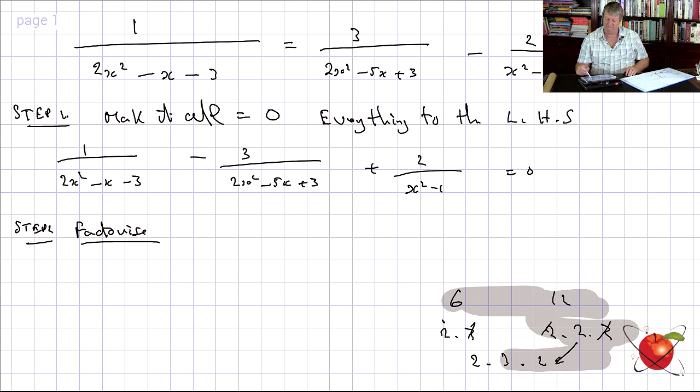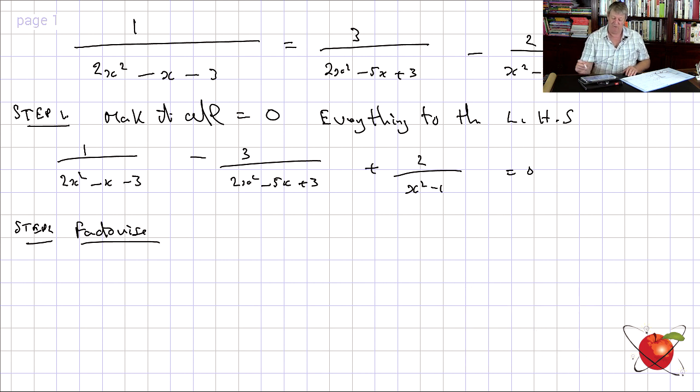Let's just erase that. So I factorize. The bottom is a trinomial.